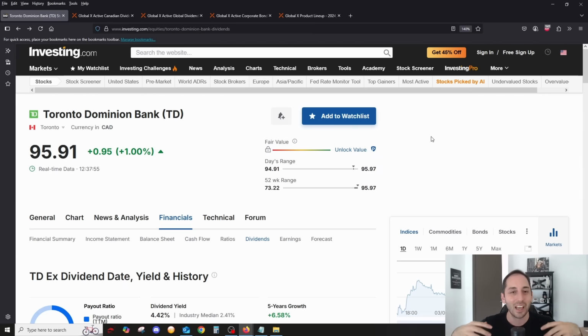And again, a lot of people mix them up interchangeably, including myself. So a dividend, technically or officially, is a profit from a corporation. So if you buy one stock like TD Bank, for example, they give out a dividend. It's sometimes also referred to as a Canadian eligible dividend.